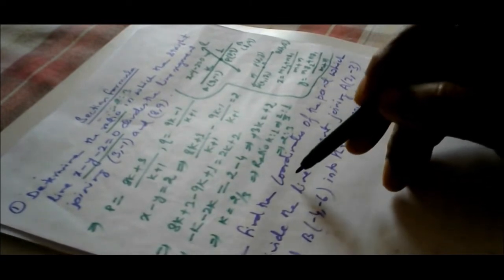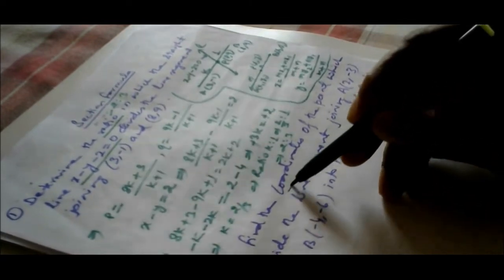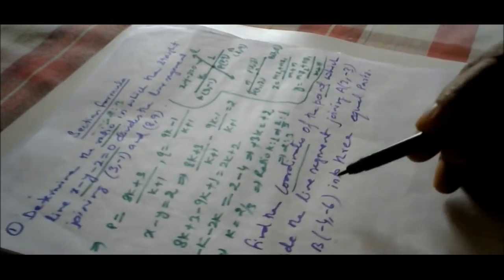Let us solve another question. Find the coordinates of the points which divide the line segment joining A and B into 3 equal parts.